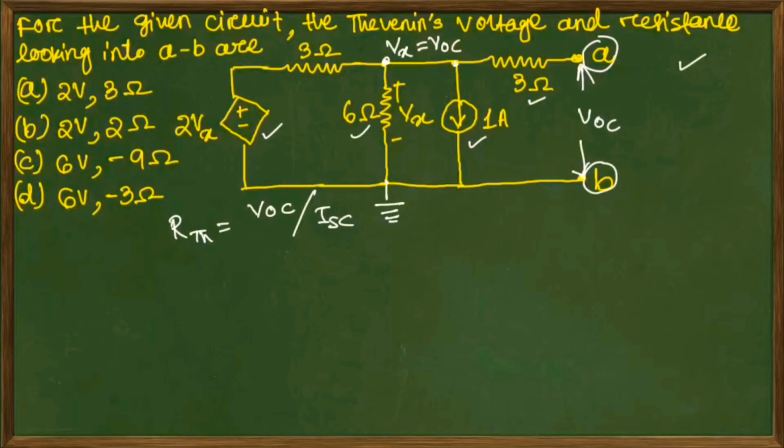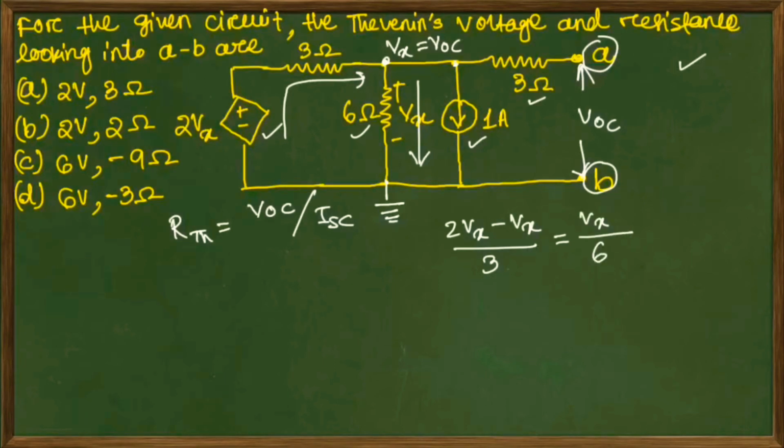Now let's say the current flowing in this branch is like this and in this branch is like this. Now let's apply KCL to this node Vx. So we can write 2Vx minus Vx divided by 3, that is net voltage divided by net resistance, equals net current leaving, since net current entering equals net current leaving. So net current leaving is how much? This is Vx divided by 6, this current, plus 1 ampere.